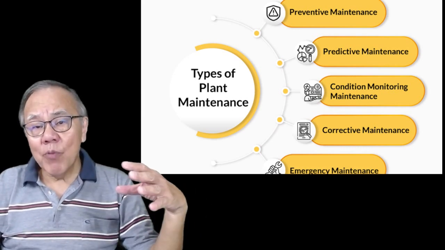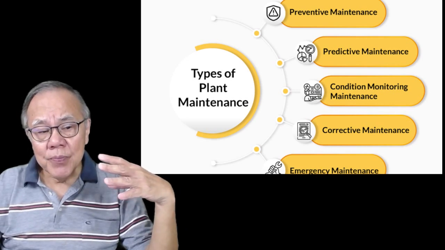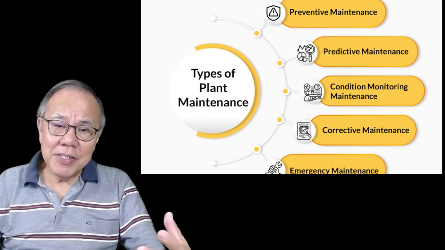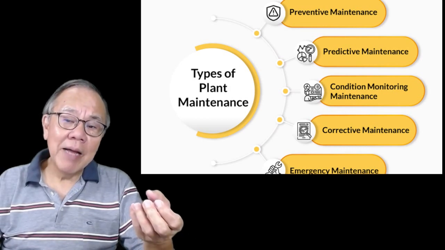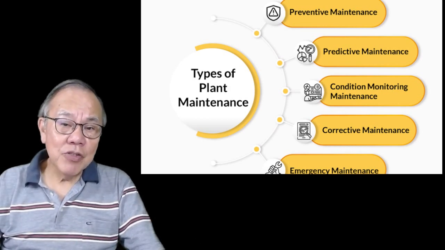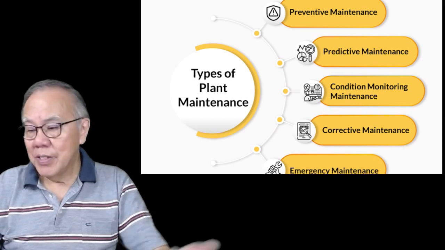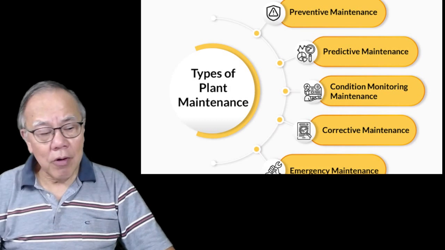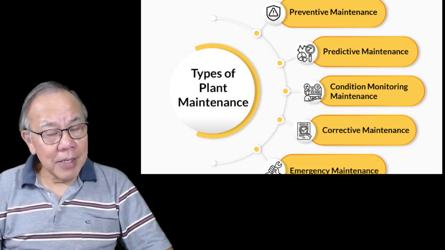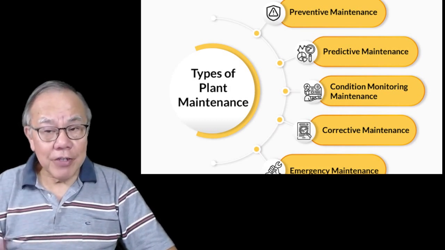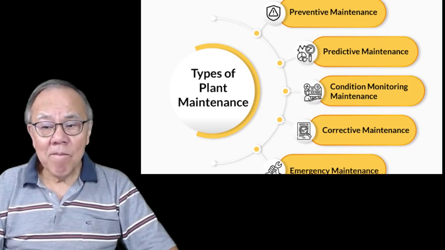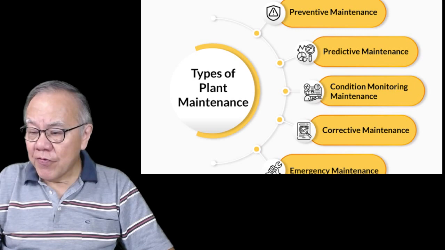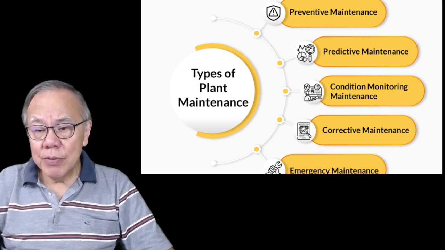But having said that, what I'm trying to drive at is we should have more planned maintenance rather than unplanned maintenance. Because planned maintenance will reduce breakdowns and the corrective action needed, and so on and so forth. So it should be this planned maintenance that we look for.